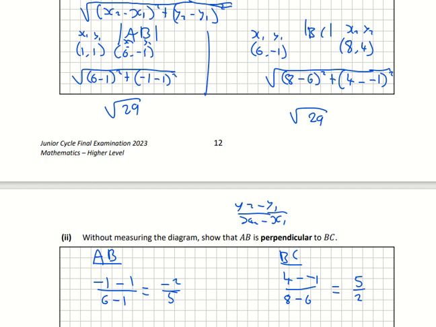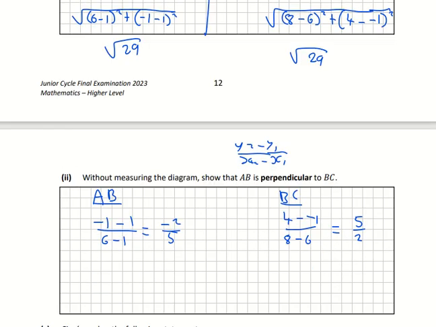Now, if lines are perpendicular to each other, then the slopes will be the negative reciprocal, or flip it upside down and change the sign.